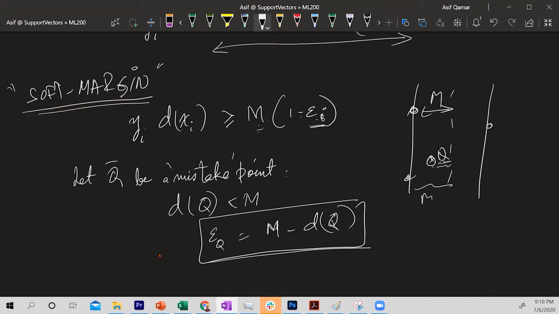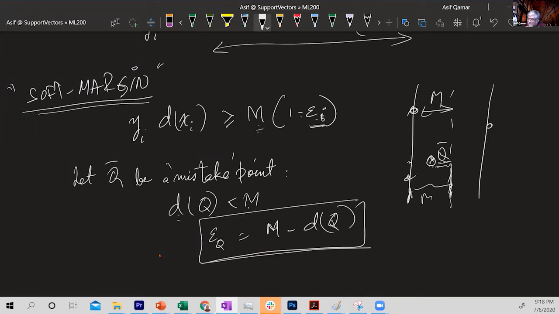Can you please repeat how you wrote this one? The Q, this point is Q, let us say. So the distance of Q from this line, whatever it is, is not as much as the distance of the river banks from the center, from the decision boundary, isn't it? So whatever dQ is, it is less than M, right? And how much is the mistake? Q should have been here.